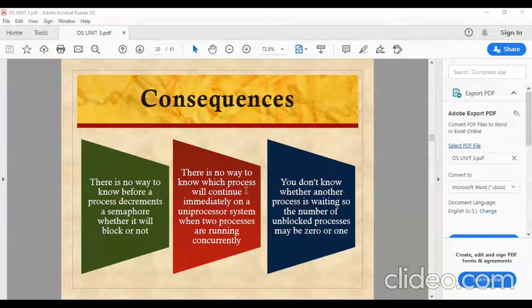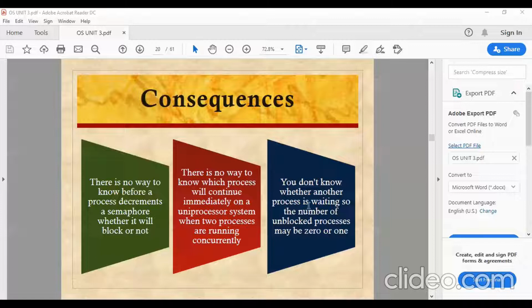There is also no way to know which process will continue immediately on a uniprocessor system when two processes are running concurrently. So these are some consequences regarding the semaphore. If two processes are running simultaneously on a uniprocessor, we cannot find out which process is on that rail line, or which process is executing.